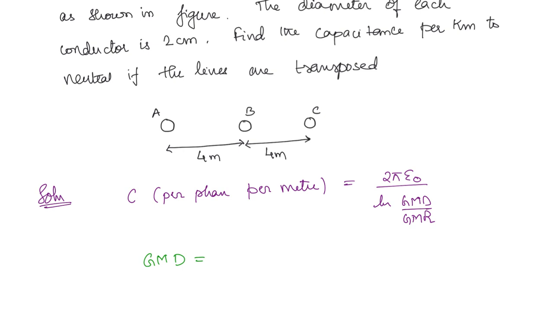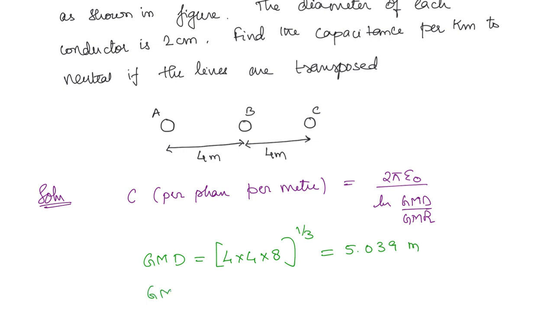This is the geometric mean of the distances between the phases. One distance from A to B is 4, from B to C is 4, and from A to C is 8. So GMD is equal to 4 into 4 into 8 to the power 1 by 3. If you calculate, you are going to get 5.039 meters.